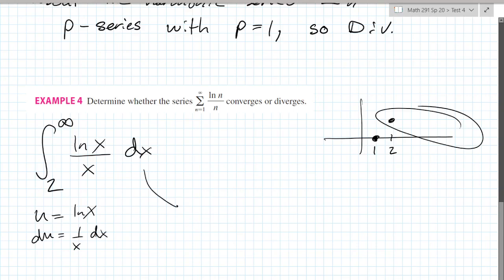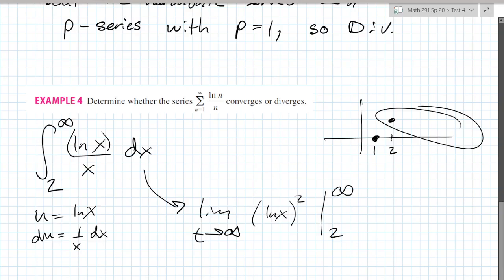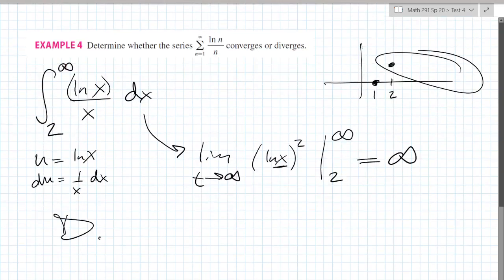So this integral becomes the limit as t approaches infinity of u du, which looks like the ln of x squared over 2, from 2 to infinity. Not much else to do here. We know that as x approaches infinity, ln of infinity is very large. Squared, it's still very large. So this is going to infinity, and that means this is divergent.